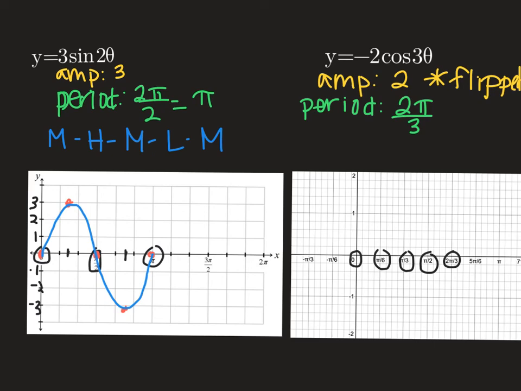Okay, here we go. This is a cosine function, and this cosine function would normally go high, middle, low, middle, high. But the problem is, because it is a flipped function, it's going to go low, middle, high, middle, low.